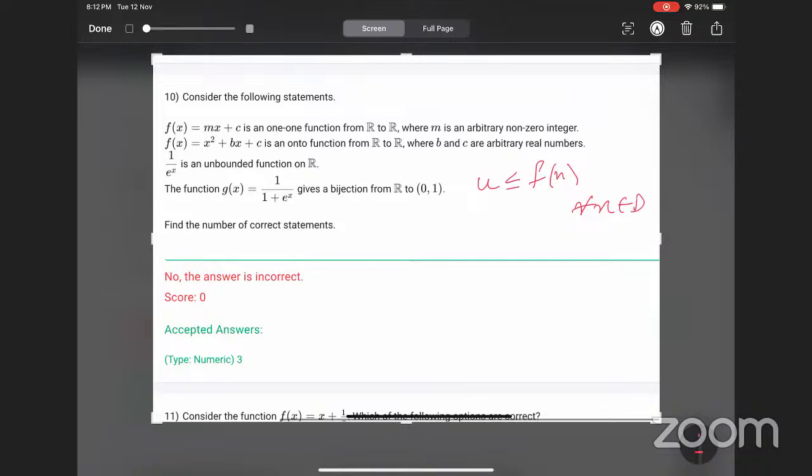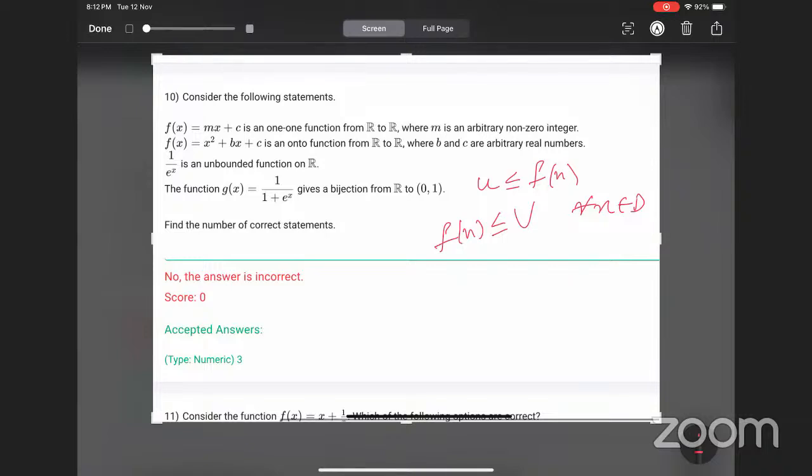This is the mathematical form. Similarly, an upper bound means all the functional values will be less than or equal to some value for all x in the domain, that is, the greatest value attained by the function. So this is the lower bound and upper bound.